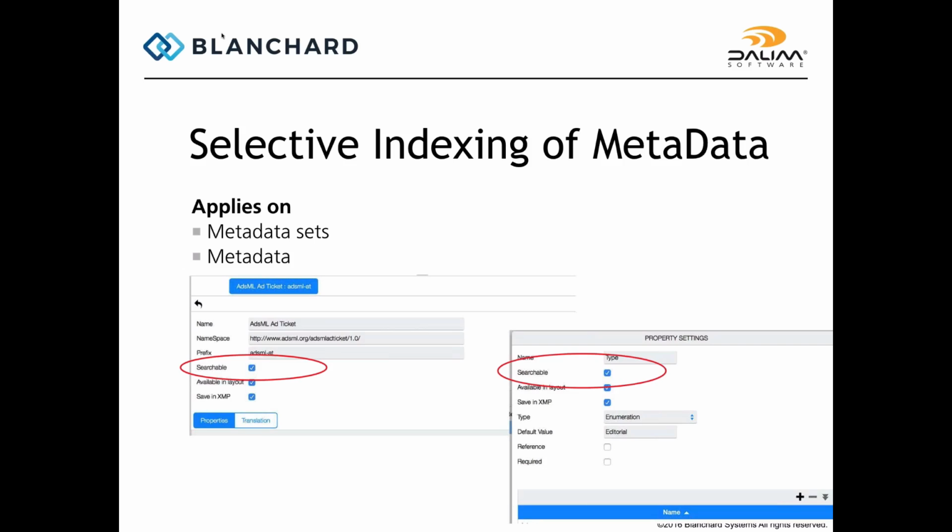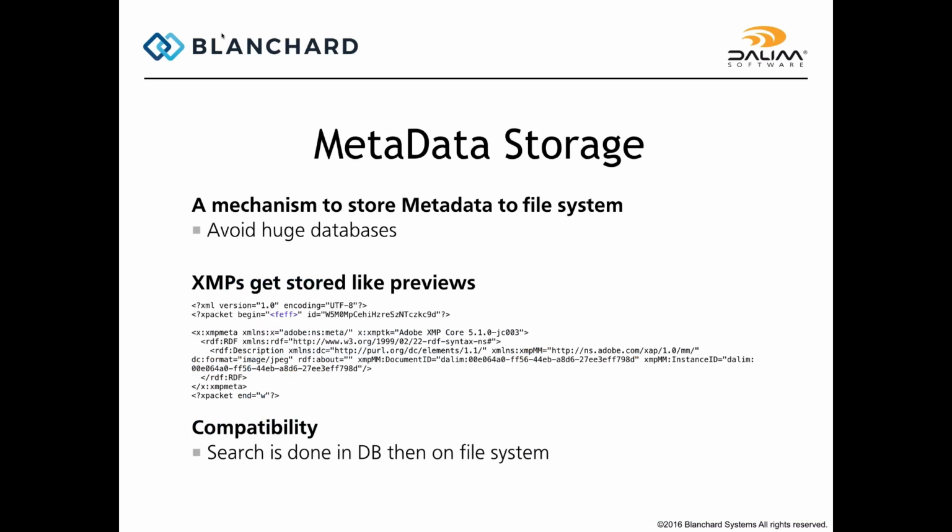So if you have a metadata set that tends to be large and you don't need it for searching reasons, you are able to omit it from ES itself. You won't clog up your database with a bunch of metadata you're not interested in. It's a nice way to keep the metadata set size down, and they've also done some more that we're going to cover as well.